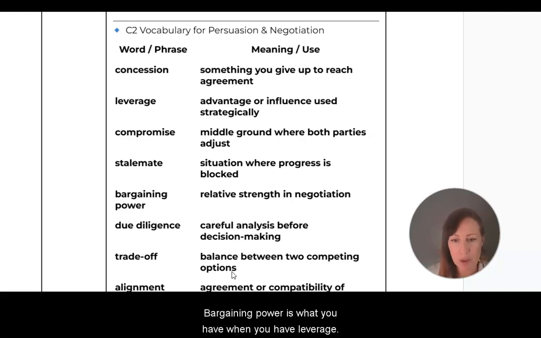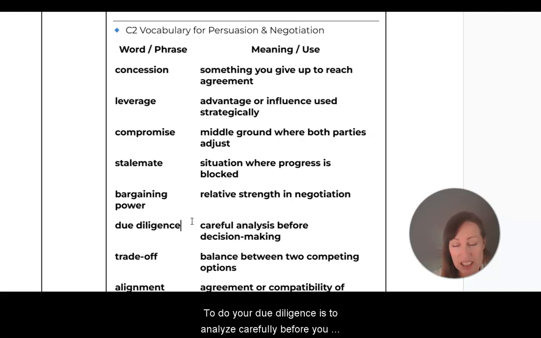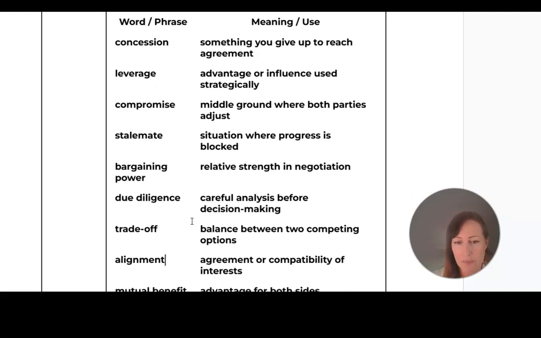Bargaining power is what you have when you have leverage. If you have something that allows you to negotiate better conditions, you have bargaining power, you have leverage. To bargain is to negotiate. To do your due diligence is to analyze carefully before you take decisions.